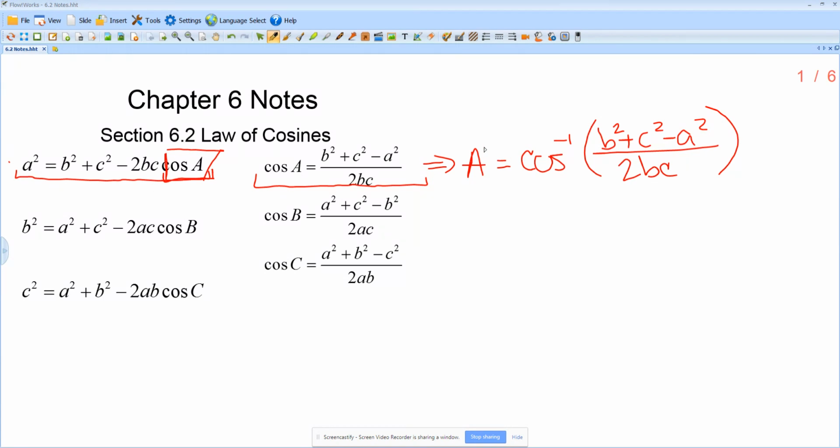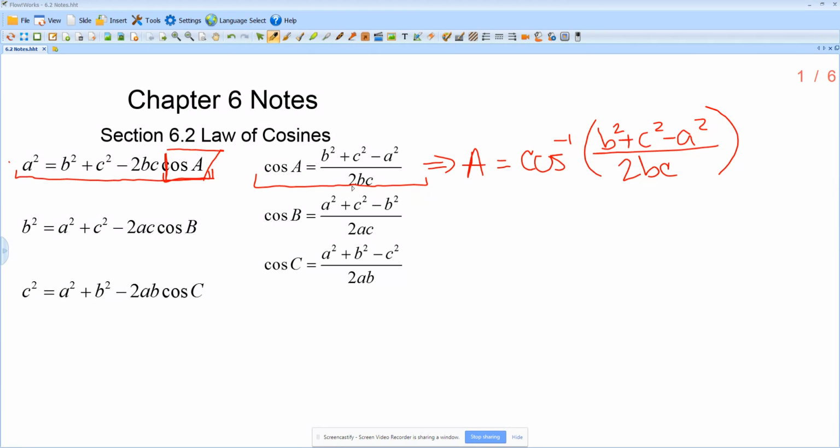If I'm talking about angle A, it's equal to inverse cosine of the sum of the squares of the other two sides, minus the square of the side across from the angle I'm looking for, over twice the product of the other two sides.